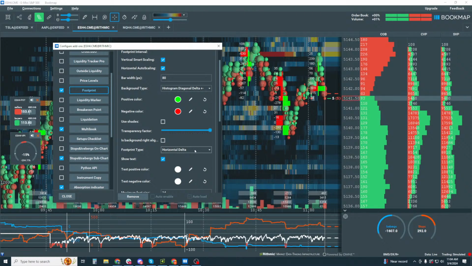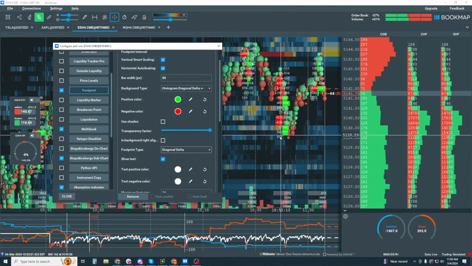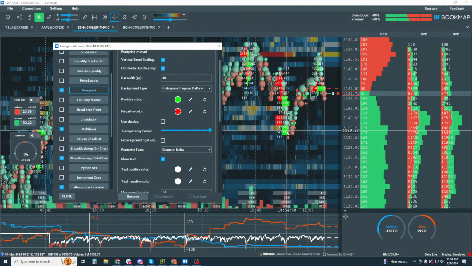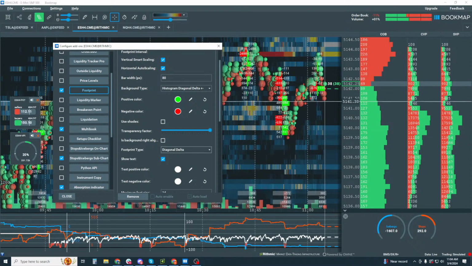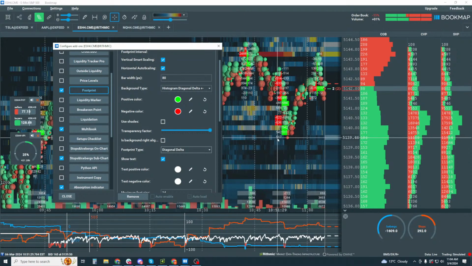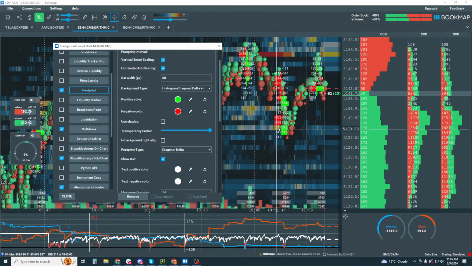Now, the diagonal delta is the buyers minus sellers from the bid to the offer. Okay, so that's it. So this number is repeated back over here. So there's your delta between the two, and then the delta between these two.